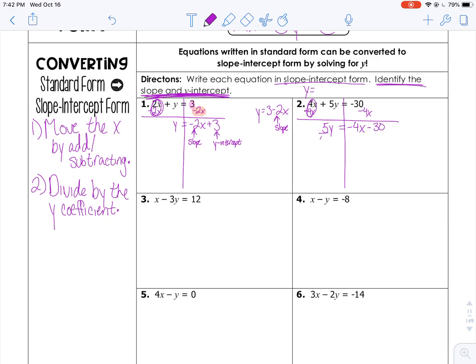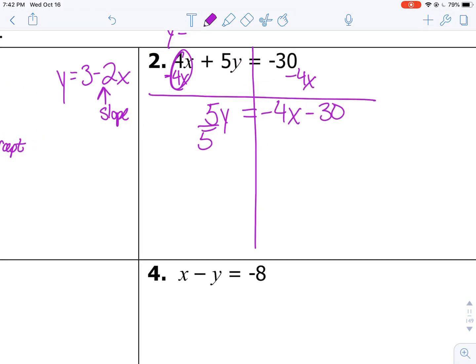So I'm going to divide by 5. Sometimes it's super tempting to do something like this, dividing by 5, but that doesn't simplify very prettily. So instead, I'm going to do negative 4 divided by 5, and negative 30 divided by 5. This just leaves me with y.